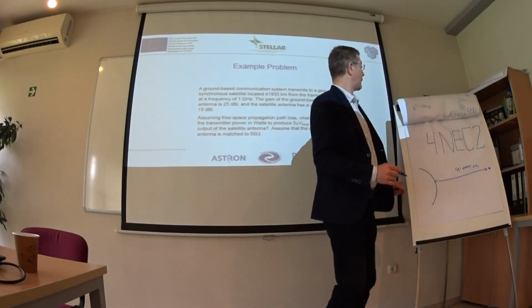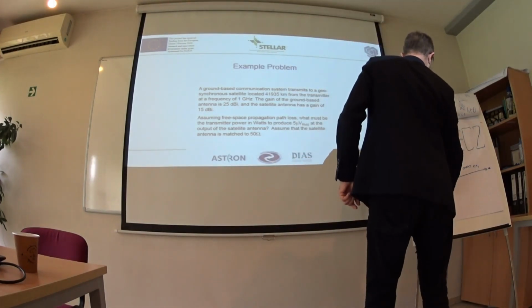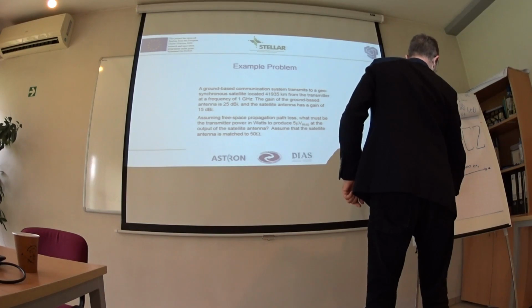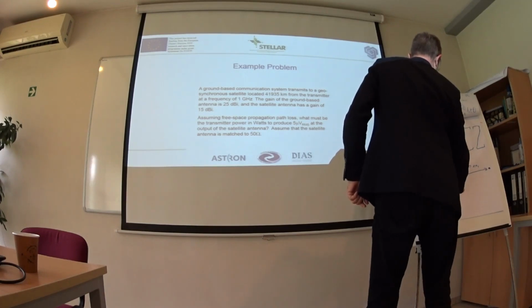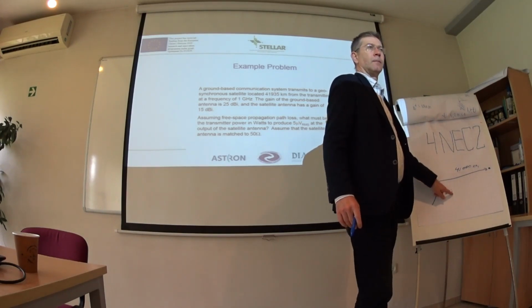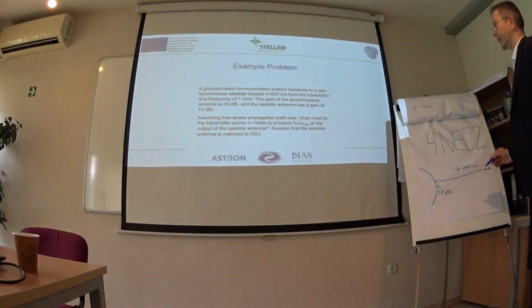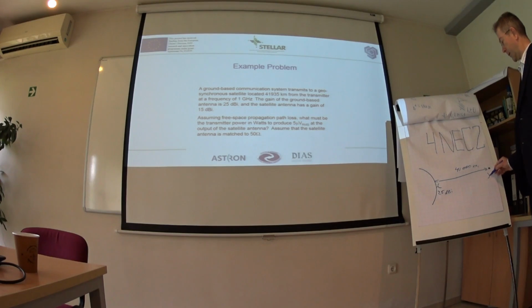This antenna has a gain of 25 dBi. What does the I stand for? Compared to the isotrope. Exactly, compared to the isotropic radiator. And the satellite antenna, 15 dBi.